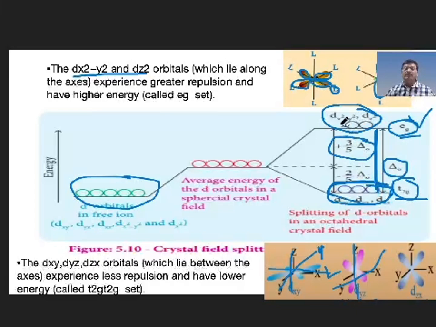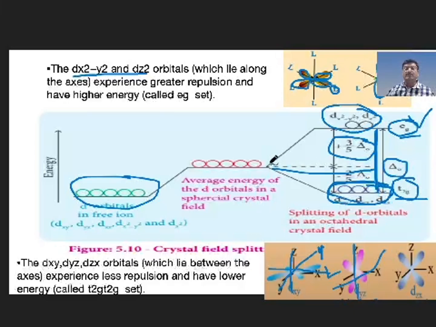When you come to the Eg level orbitals, these have plus 3/5 delta O energy, which is high compared to the barycenter energy, and the xy, yz, zx orbitals have minus 2/5 delta O, less energy compared to the barycenter.